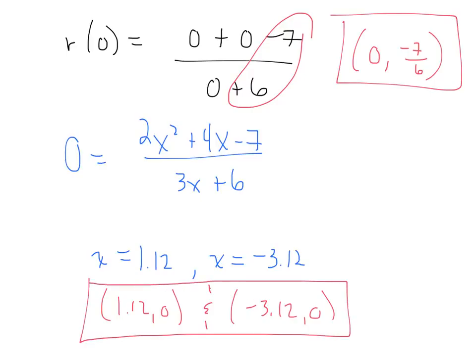Now, take a look at this example. You think I would probably give you one of these to graph for the test? It's possible, but you'd have to use long division. What would you get for your slant asymptote if you did long division here? If you do long division, what would you get for a slant asymptote?